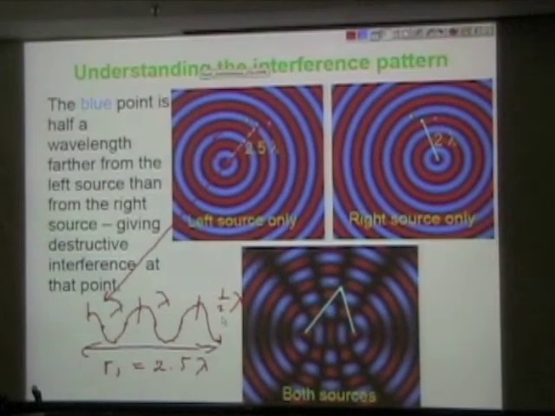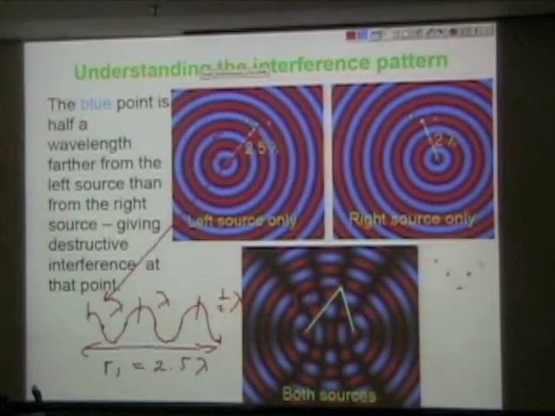That's not the path length difference yet. It's the actual length, right? So for this R2, we start from a crest, then black, then blue, red, black, blue, black. Again, red, black, blue, black.